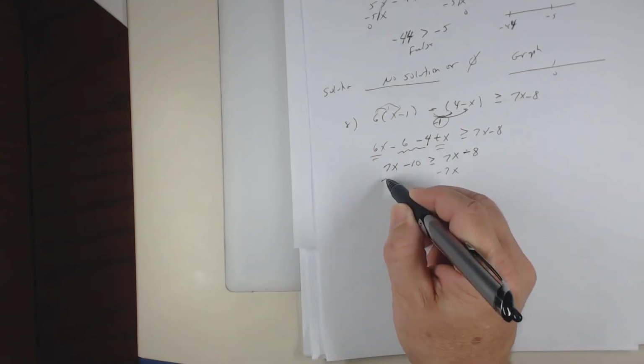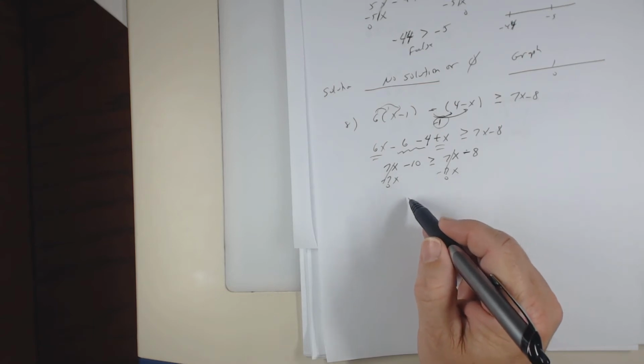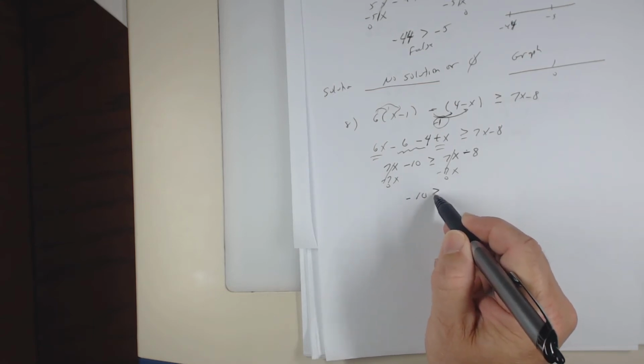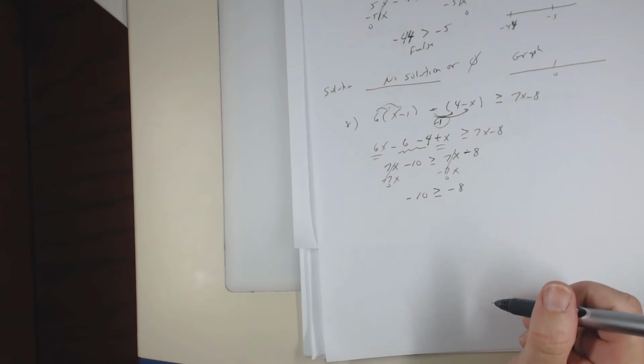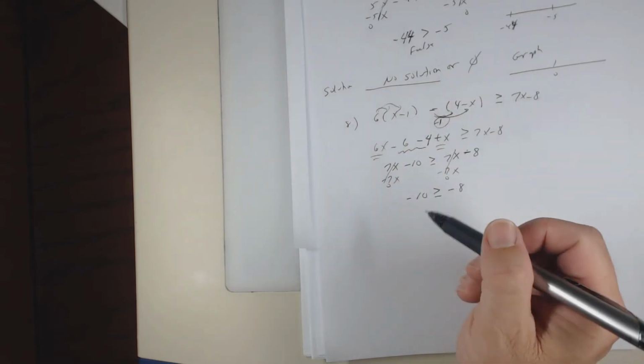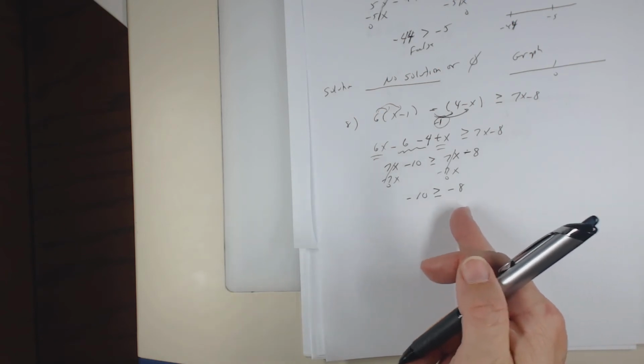Subtract 7x. Combine like terms. Those are zeros here. Now, what are you left with? Greater than or equal to negative 8. Is a negative 10 greater than or equal to negative 8? No. So it's going to be like the other one, right? So let me change it. Because you know if it's this, it's a false statement, correct?